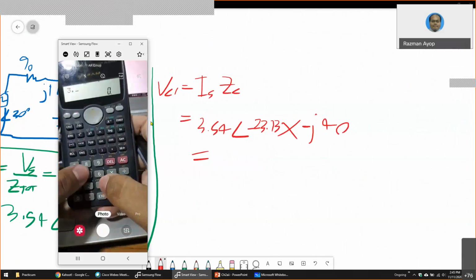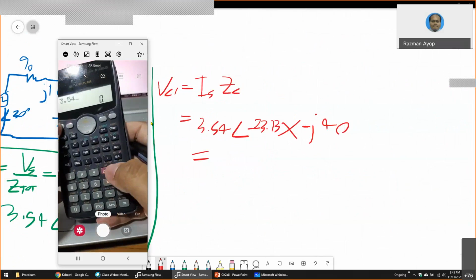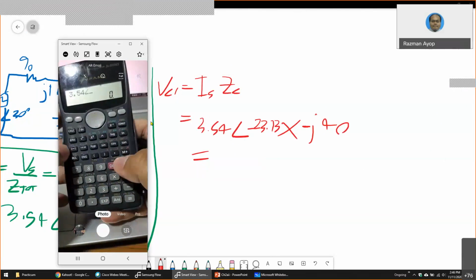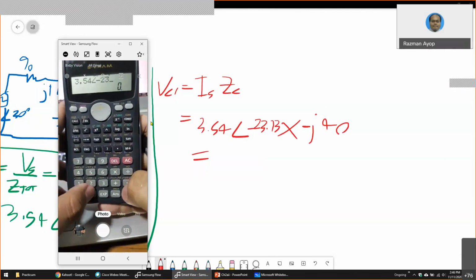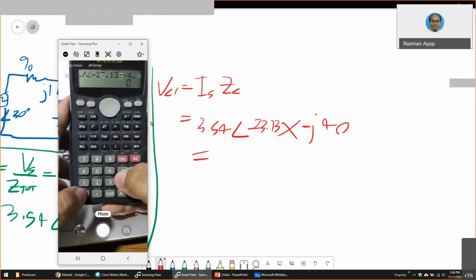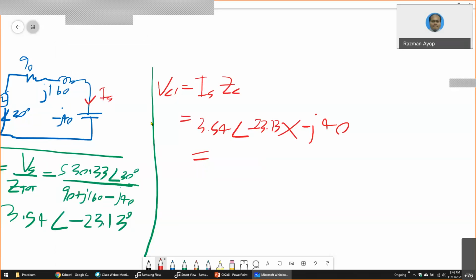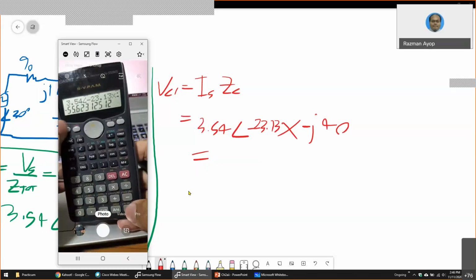So 3.54, the angle. Shift, this one. Negative 23.13 multiplied by negative 40J. So again, you can see the answer, this one and this one.